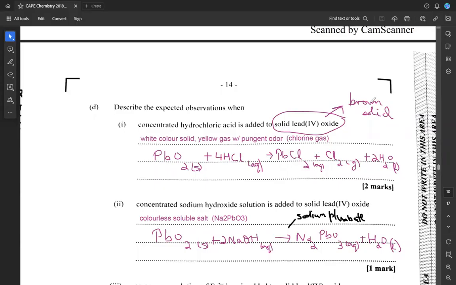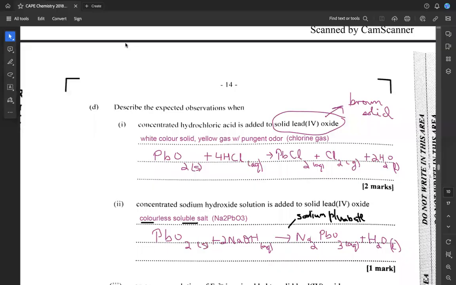Well, we would see that that brown color goes away and we end up with a colorless soluble salt, which would correspond to our sodium plumbate forming as a result of that neutralization reaction between the PbO2, which is functioning as an acid in this case, and the NaOH, which of course we know is a pretty strong base. So in this case, we see a colorless soluble salt forming, which is sodium plumbate, and of course we'll get water because it's a neutralization reaction.